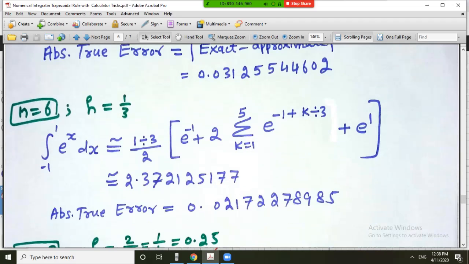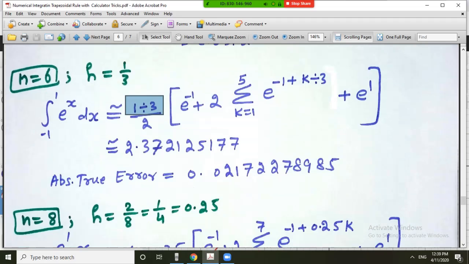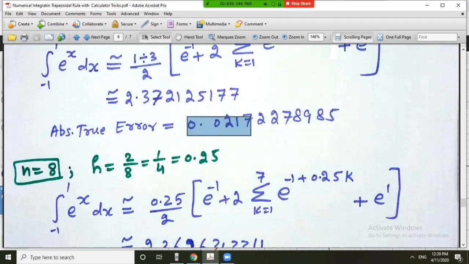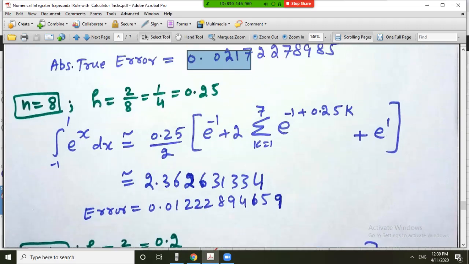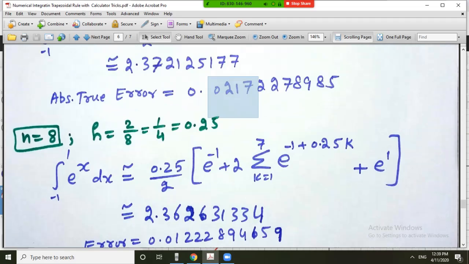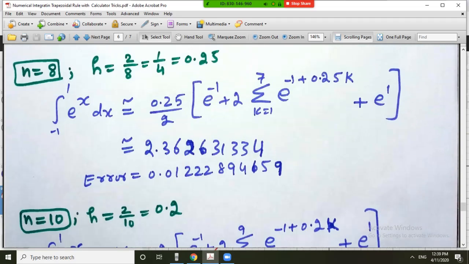Similarly, if n is equal to 6, h is equal to 1 over 3, please write 1 divided by 3 in calculator as I did above. Go back and forward in the calculator and use these values. We will have this result. The error is reduced further. For n equal to 8, you can see that here the error is 0.02. Now the error is 0.012.